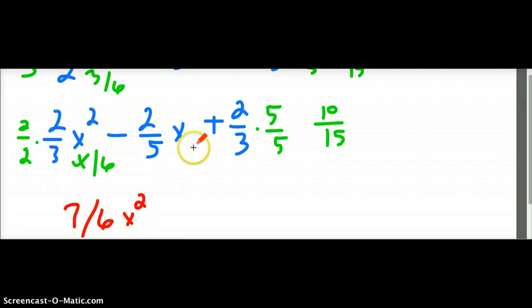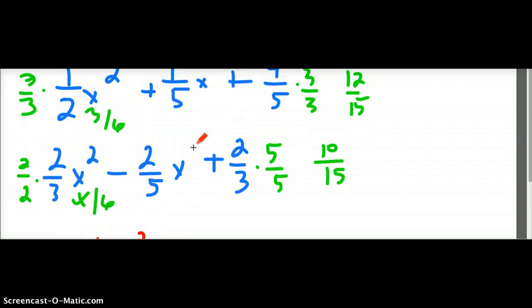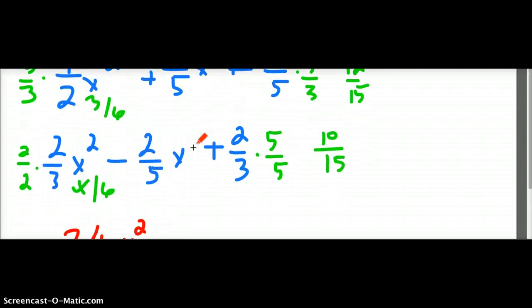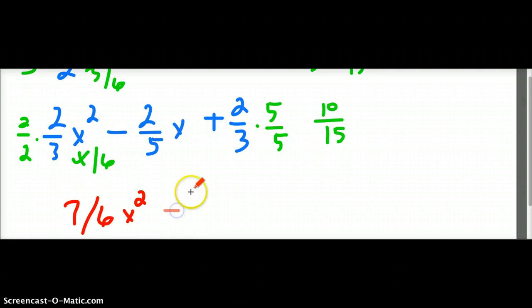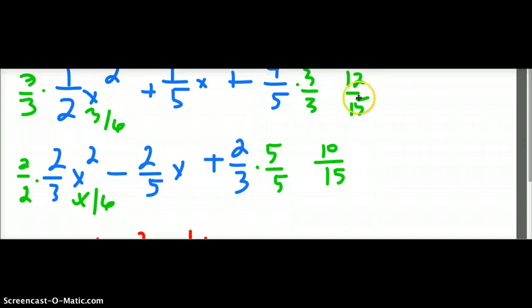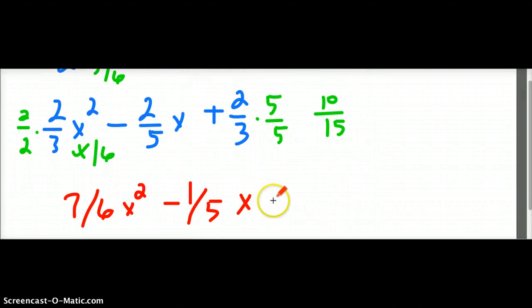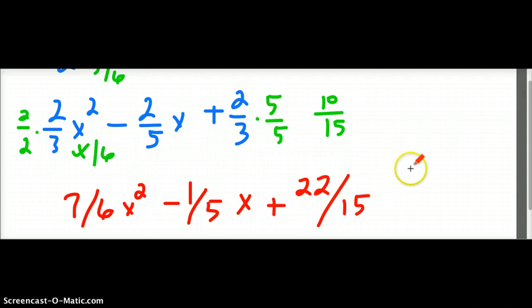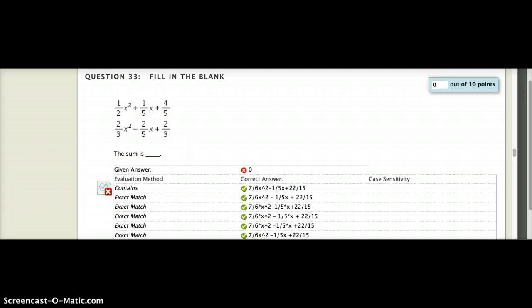And like we said, we don't have to change anything for the x terms. 1/5 minus 2/5 is -1/5, so -1/5 x. And then over here, we're going to add 12/15 and 10/15, and that gives us 22/15. And so that's our answer.